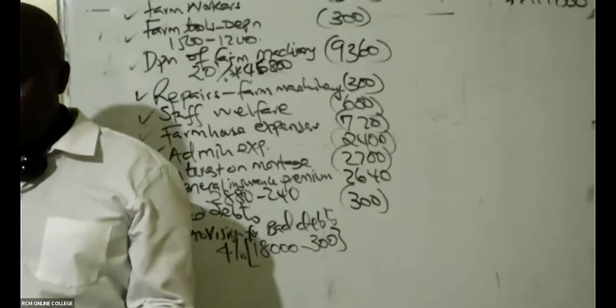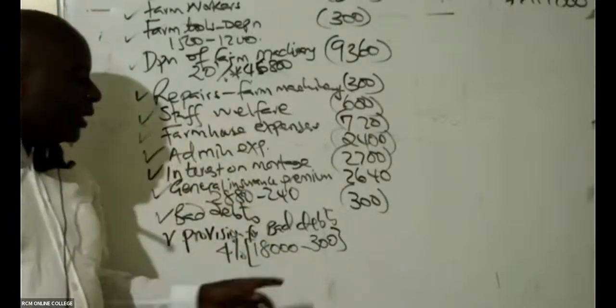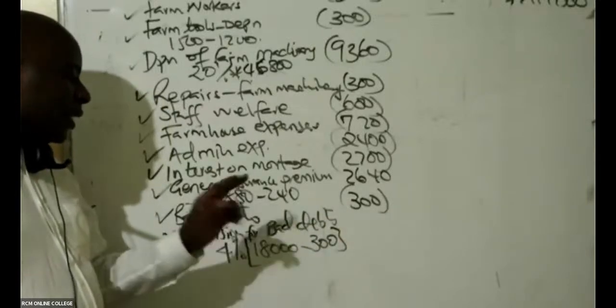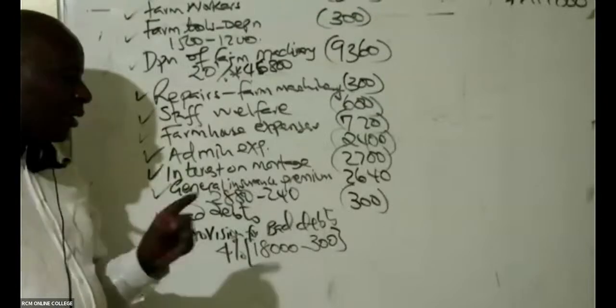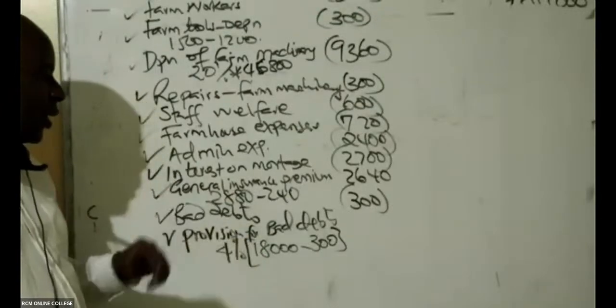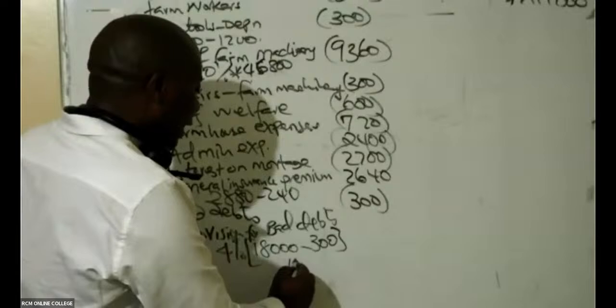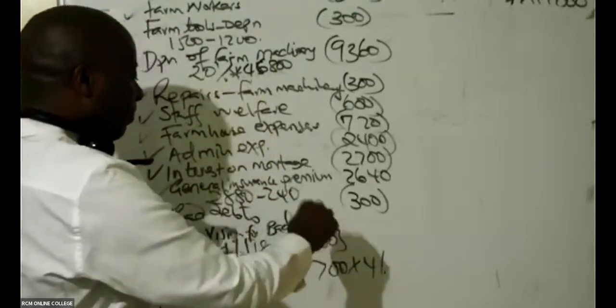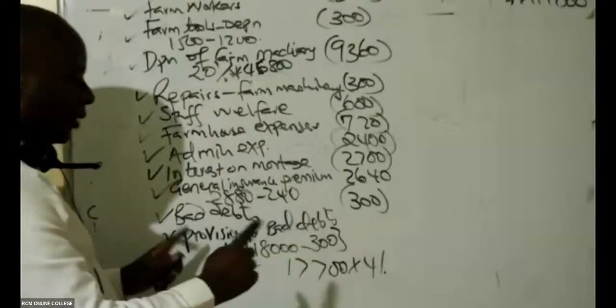Somebody is getting 600. Remember, this figure is 300, isn't it? Please, what is 18,000 minus 300? Remember BODMAS. 18,000 minus 300 is 17,700. Times 4%. You must first handle what is in brackets.